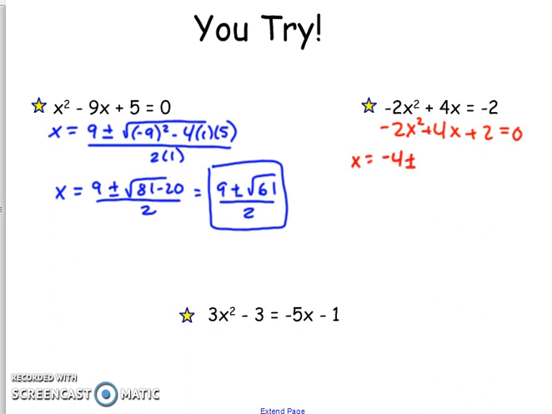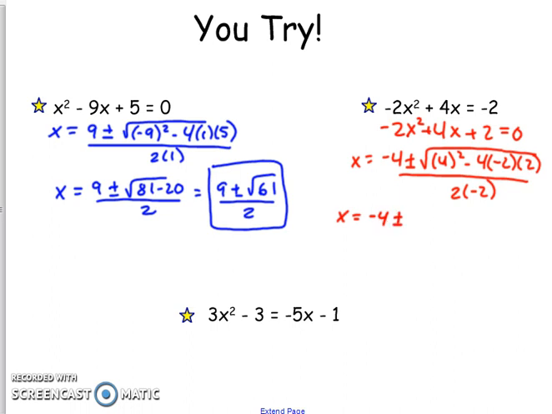Negative b plus or minus the square root of b squared minus 4ac all over 2a. So negative 4 plus or minus the square root of 16 plus 16 over negative 4. Negative 4 plus or minus the square root of 32 over negative 4.